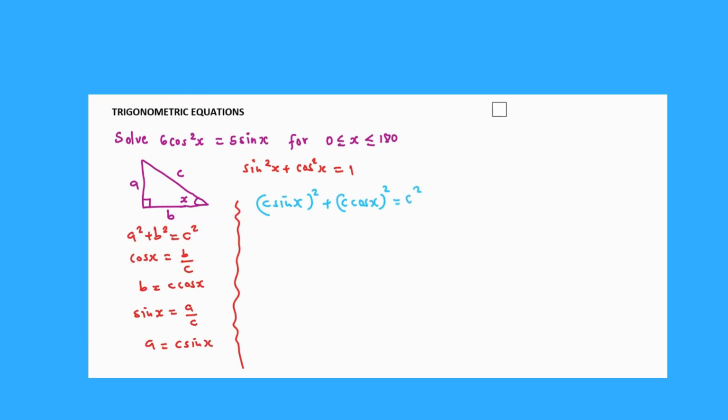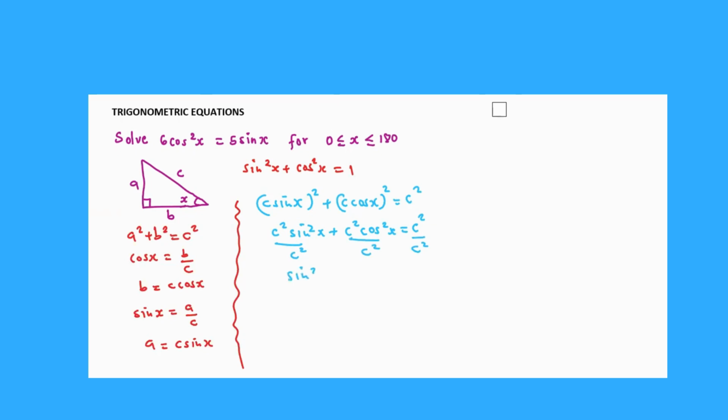So from there, we can open the bracket. So we have c squared sine squared x plus c squared cos squared x is equals to c squared. Then we divide everything by c squared. We see c squared cancels c squared.